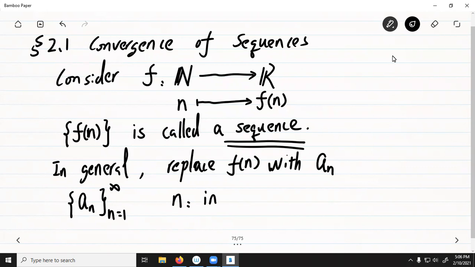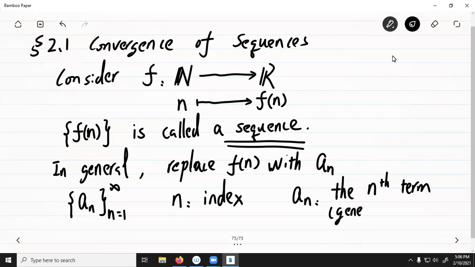And a sub n is called the general term of the sequence, or the nth term of the sequence.